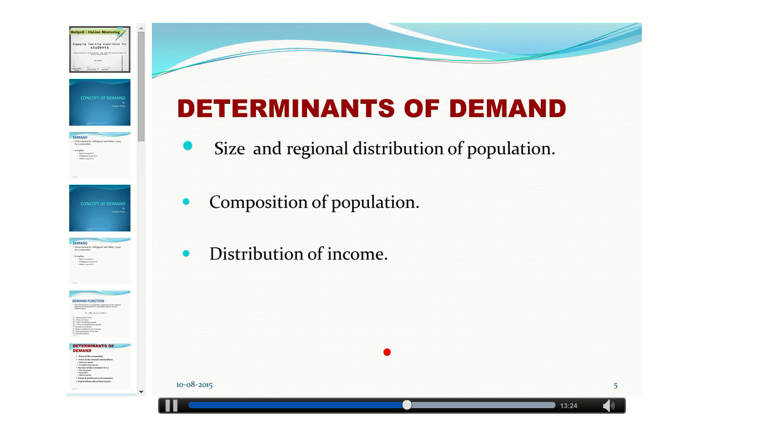The next determinant would be the size and the regional distribution of the population. If the population size is large, then the demand will be high. Say you are living in Delhi, the demand for products will be high, as mostly the population is educated and they are self-earners.